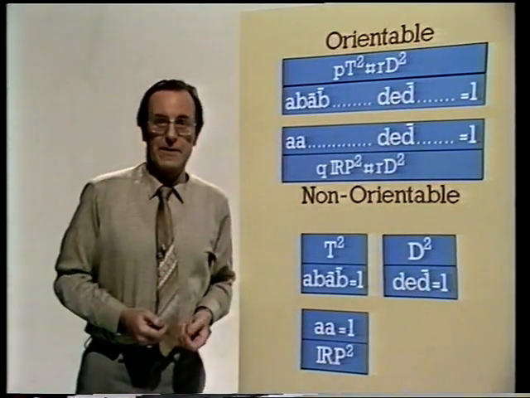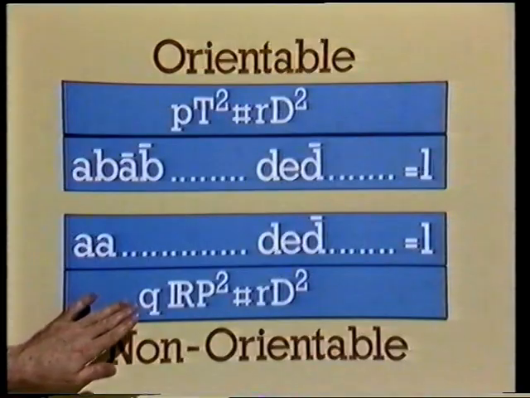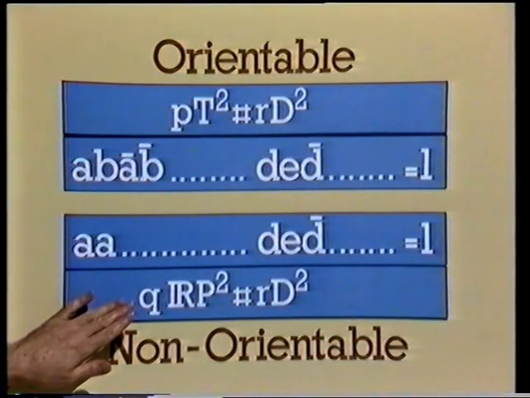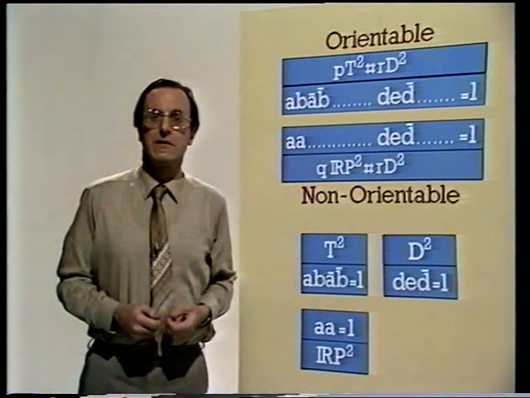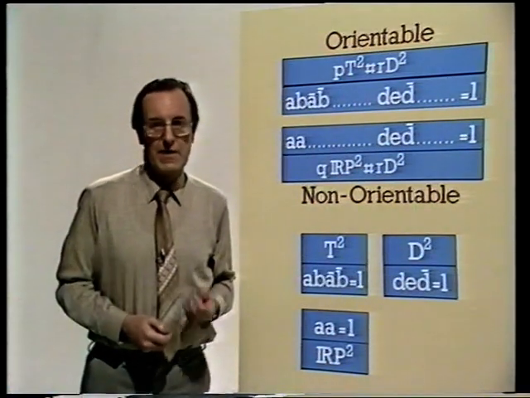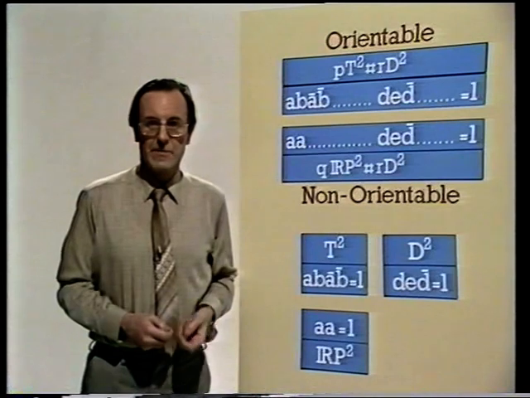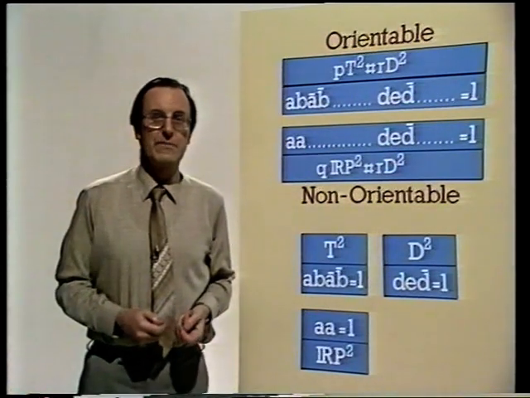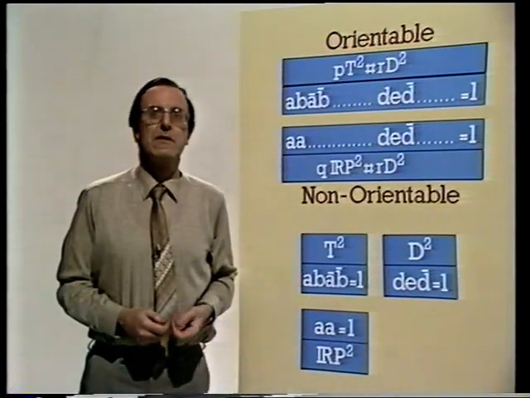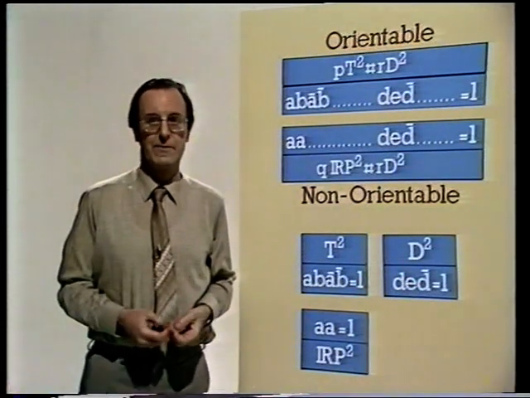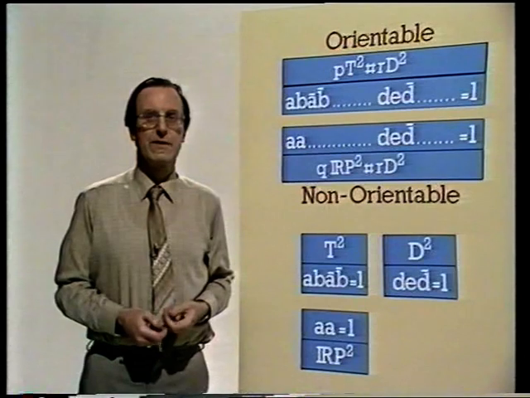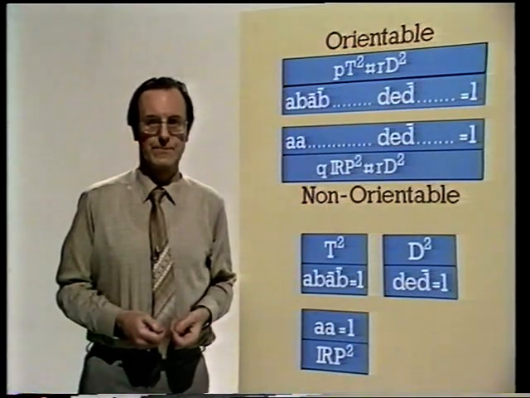So now for the non-orientable surfaces, connected sums of projective planes and disks. For the cases where R equals 0, the surfaces don't have a boundary. And as you know, if a non-orientable surface doesn't have a boundary, it can't physically be constructed, because it can't be embedded in 3 space. So we can't show you what such a surface looks like in its intact form, but we can look at polygonal representations.